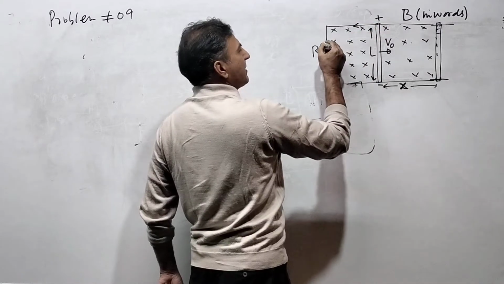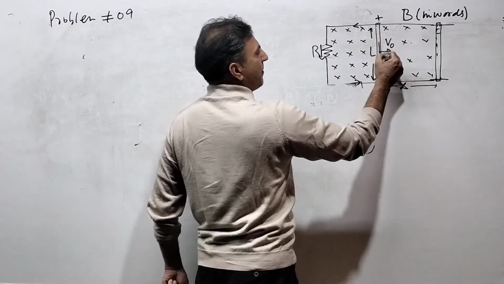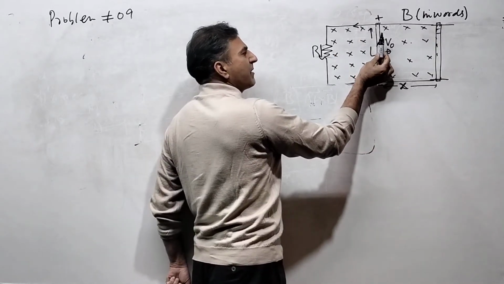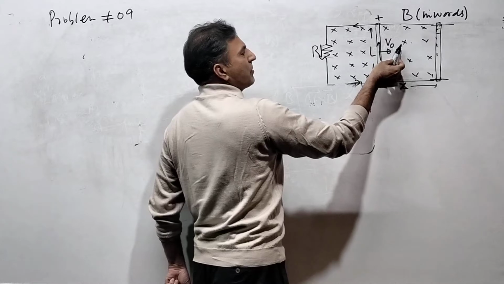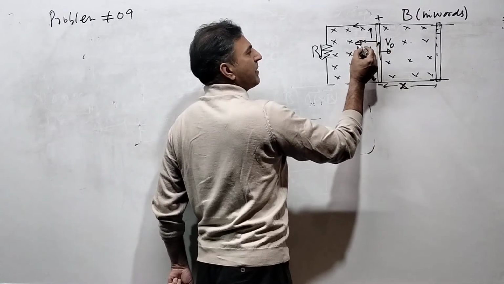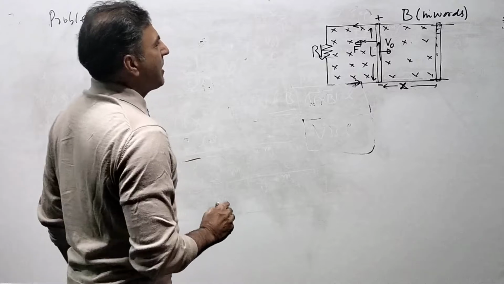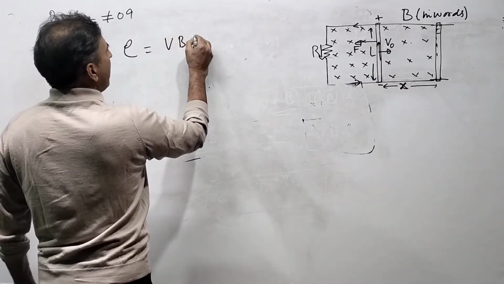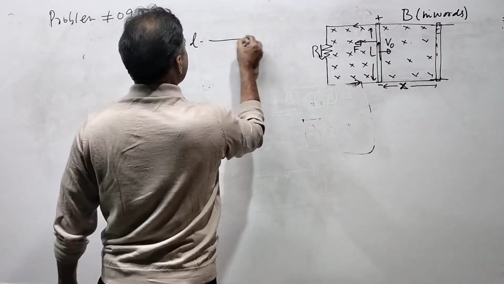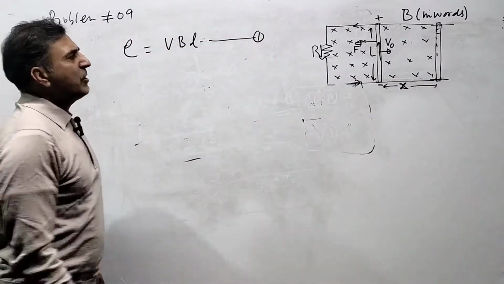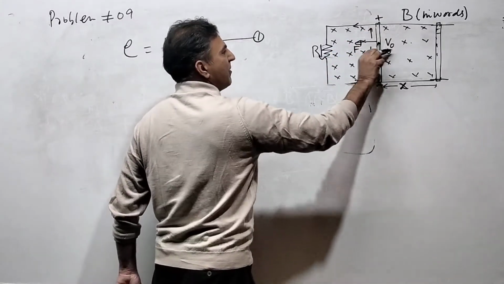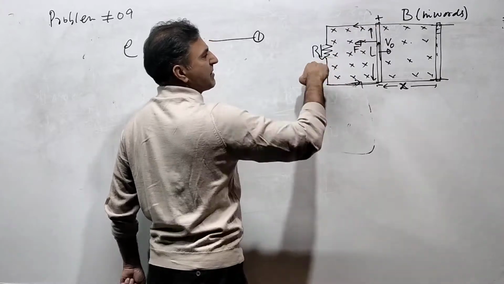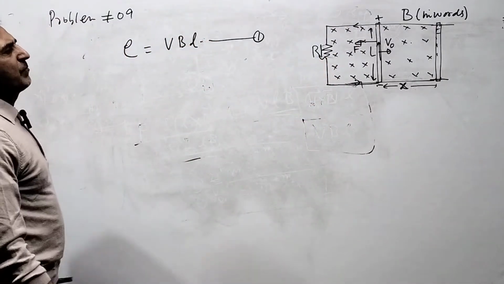So the current will flow like this, and current in the rod will be like this. Now when current flows, this is a current carrying conductor in the magnetic field, and it will experience force. That force has a direction of this. So first of all, what is the induced EMF? That is V, B and L. L is the length of the rod. This is the induced EMF. ये जो induced EMF प्रोड्यूस हुआ इस मोशन की वजह से, इसने कितना करंट प्रोड्यूस किया in the external circuit of this resistance? How much?